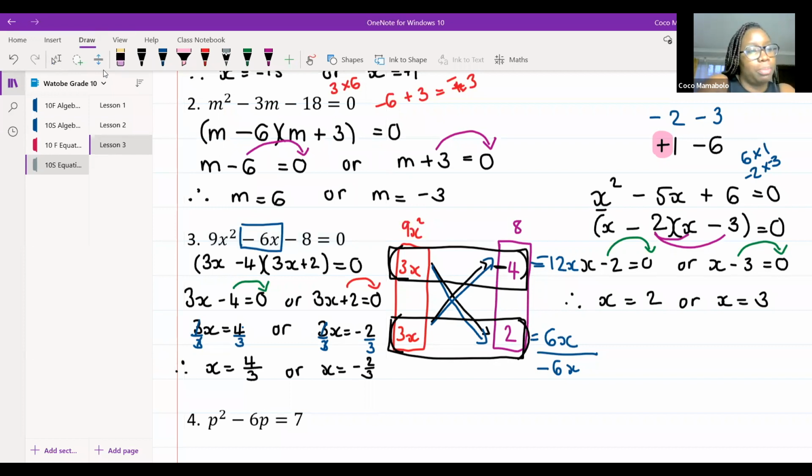It might not work because you know what we will have to do? You'll have to divide here by 3 and here by 3 first. Okay, you'll have to divide both of them by 3. Okay, thank you, ma'am. So it's easier if you take the 2 over first and then divide by 3. Okay? Okay, ma'am. Excellent.